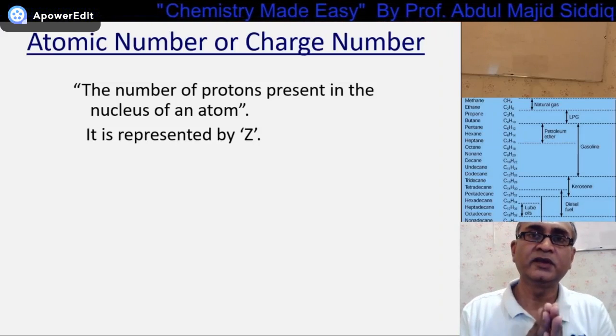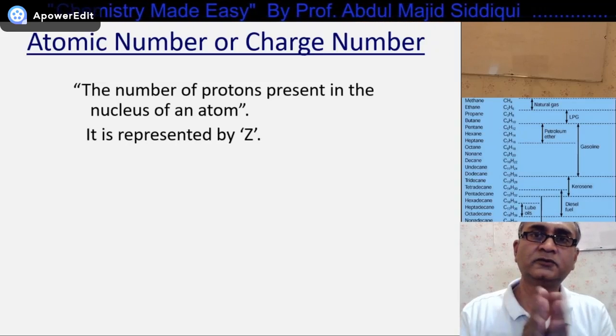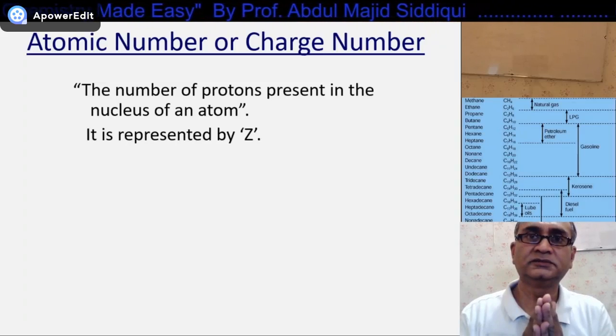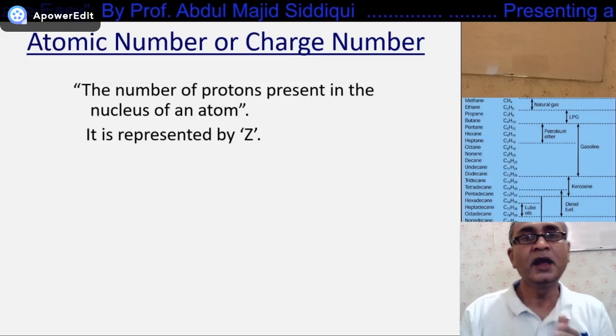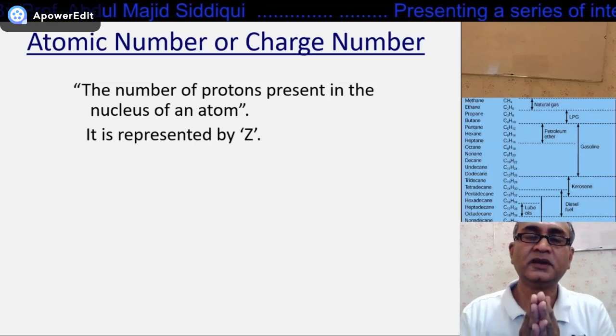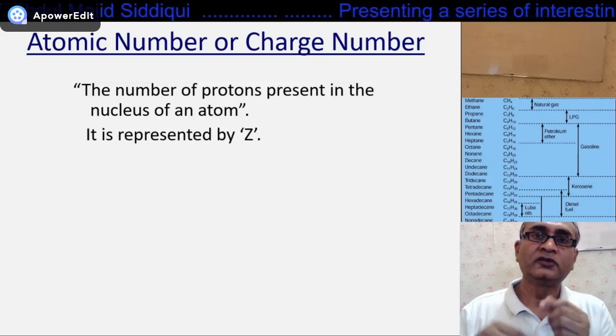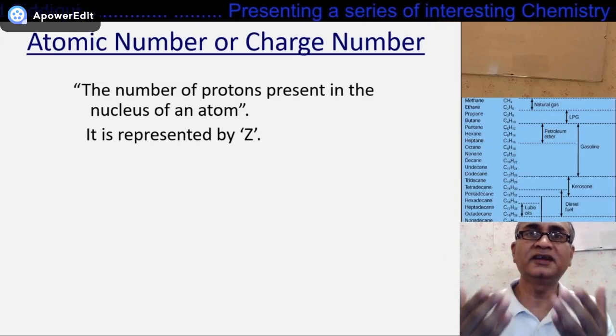For example, if we have one proton in an atom, we call it hydrogen. If there are two protons, we will not call it hydrogen, but it will be called what? Helium.